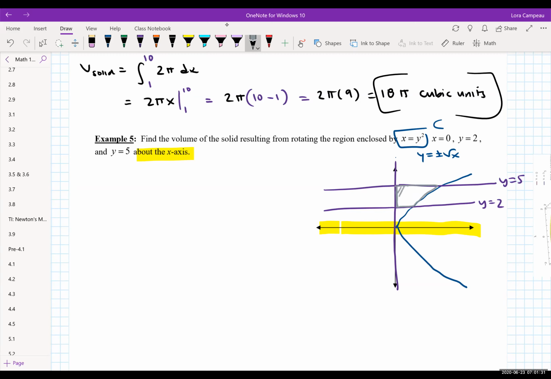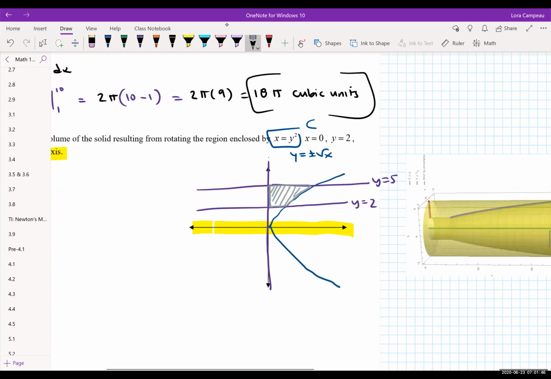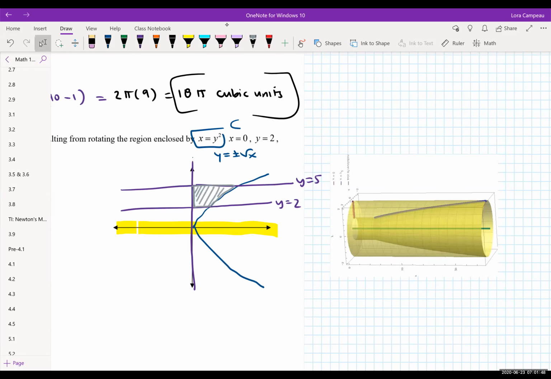So I have this region that I do have to rotate. And when I kind of look at it, I'm noticing that it doesn't look like one of those nice regions. If I rotate that region, I can give you this. You'll notice what we end up getting. That's the entire solid now.